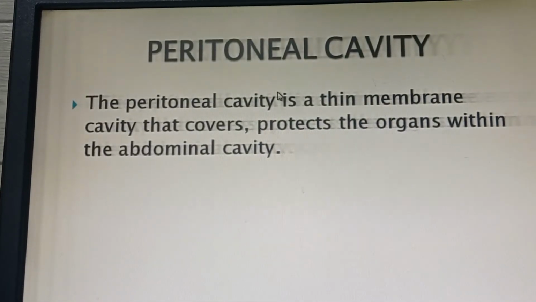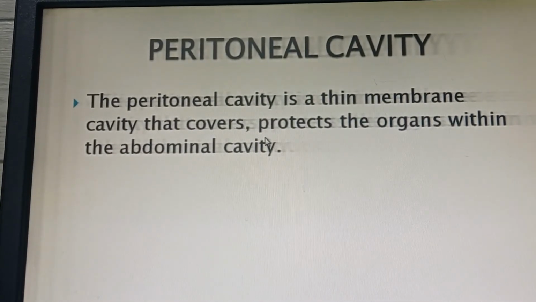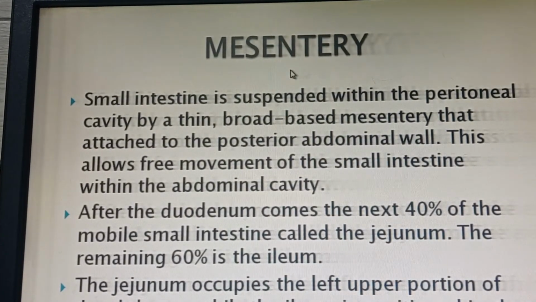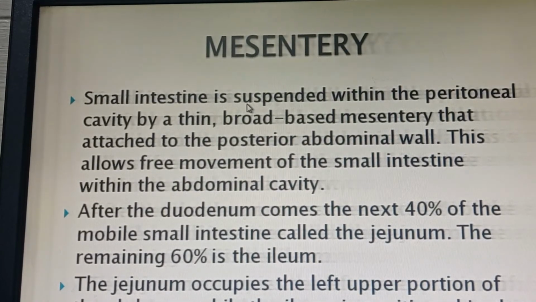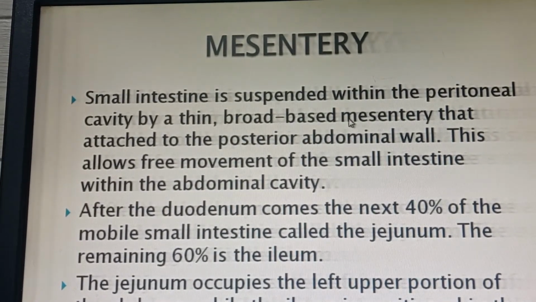Peritoneal cavity. Peritoneal cavity is a thin membrane or cavity that covers and protects the organs which are present within the abdominal cavity. Mesentery. A small intestine is suspended within the peritoneal cavity by a thin broad-based mesentery. What does mesentery do?